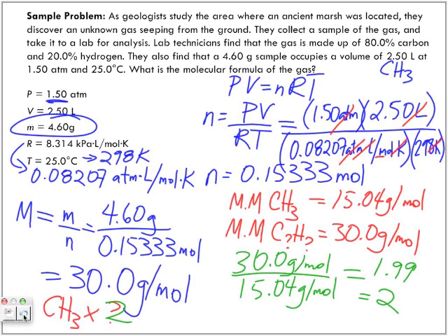So what is the formula of this gas? C2H6. The actual molecular formula is C2H6. Remember, the empirical formula is the lowest coefficient that we could possibly get. Okay.